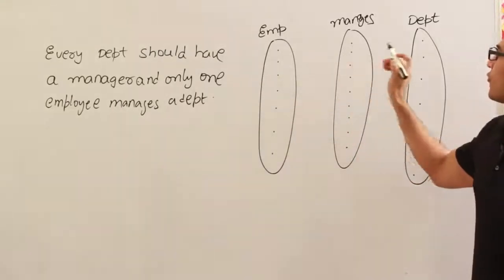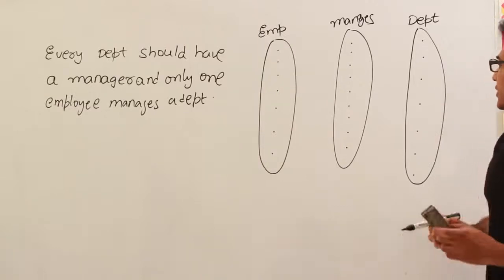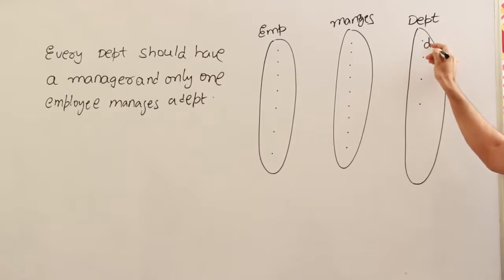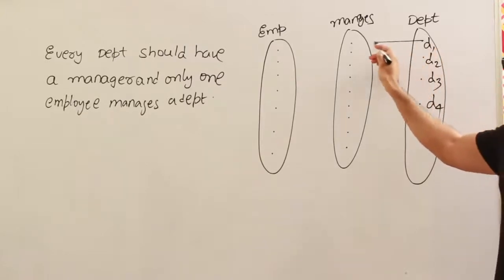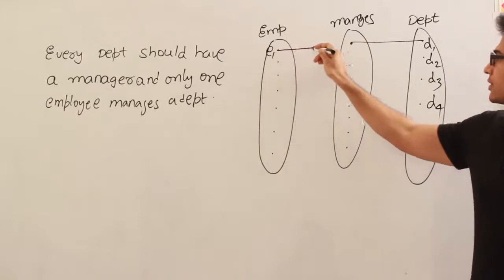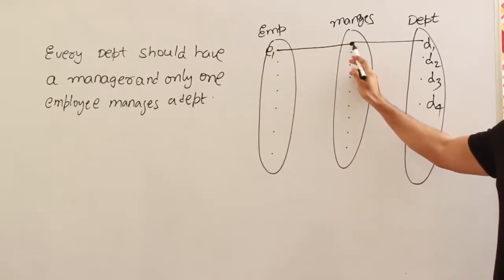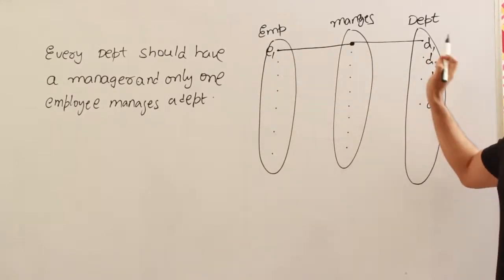So for every department there has to be a manager. Let us say there are 4 departments, D1, D2, D3, D4, and department D1 is being managed by employee E1, then this particular relationship is going to have an association between this particular entity and this particular entity.